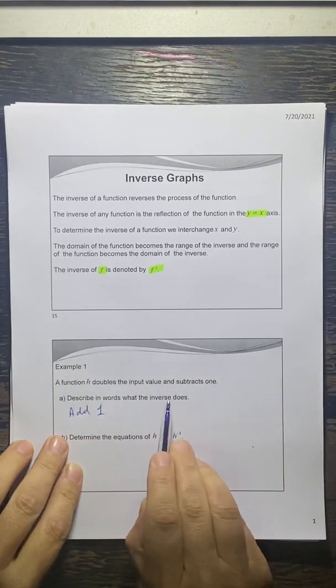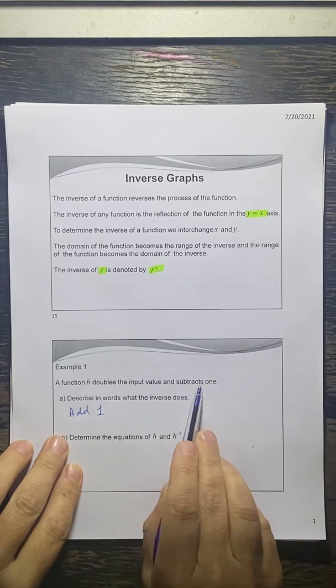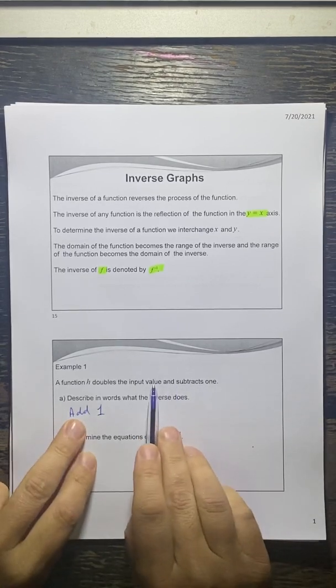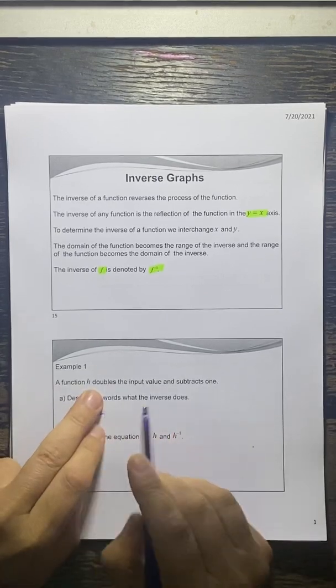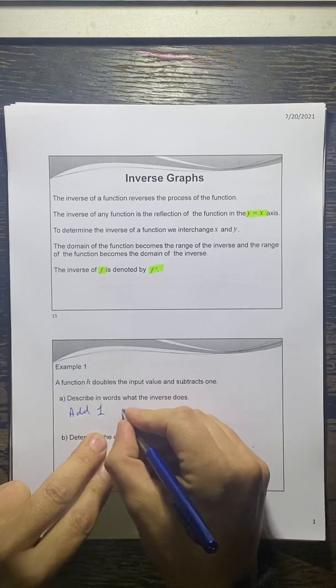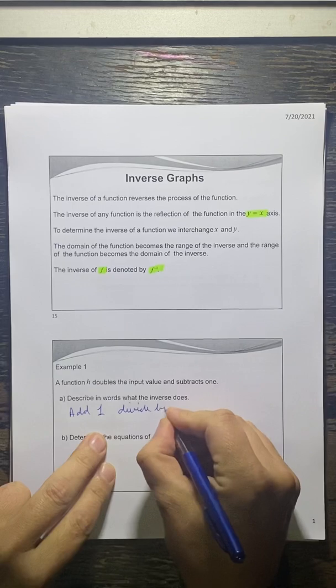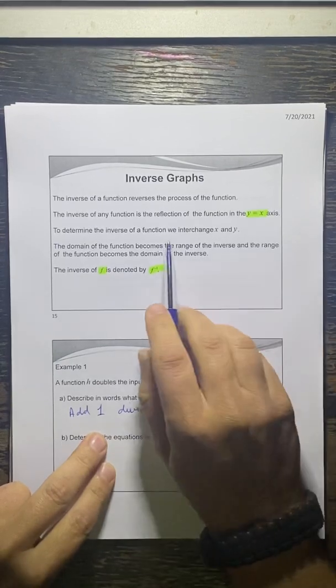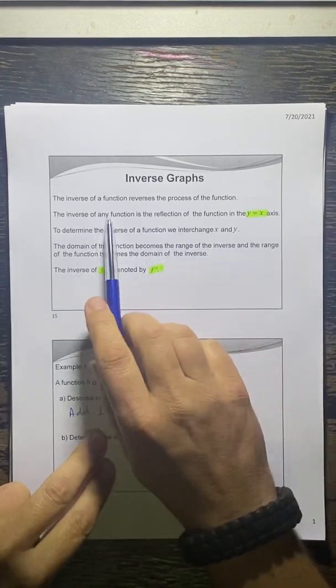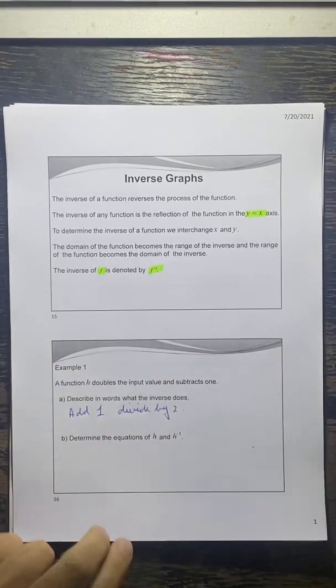If we double something, that means 2 times, so what we need to do now is divide by 2. So all we're doing is the reverse process of the original function.